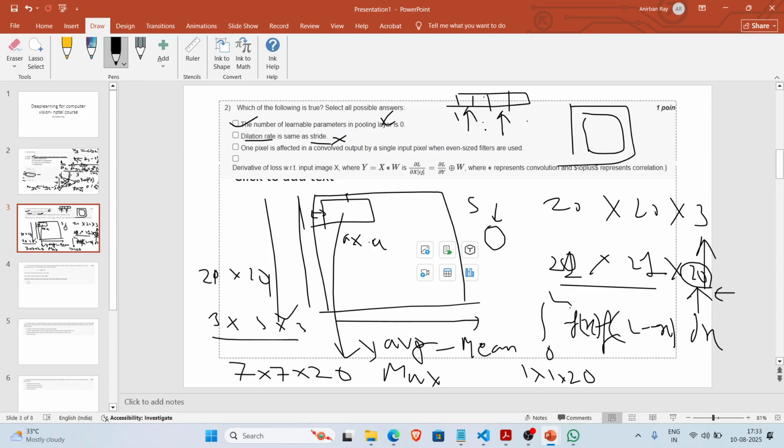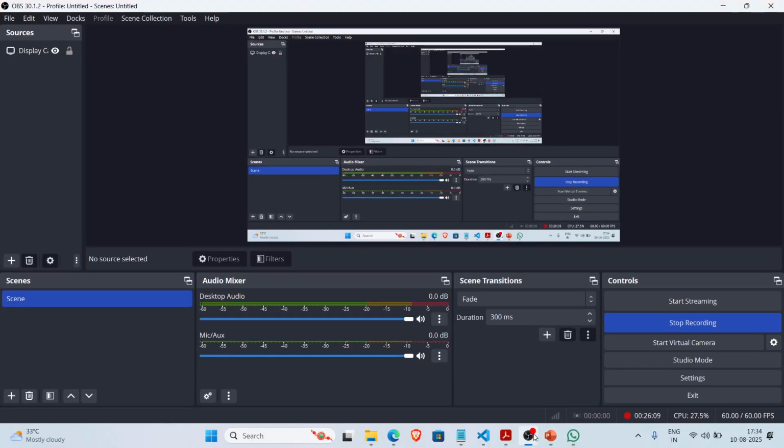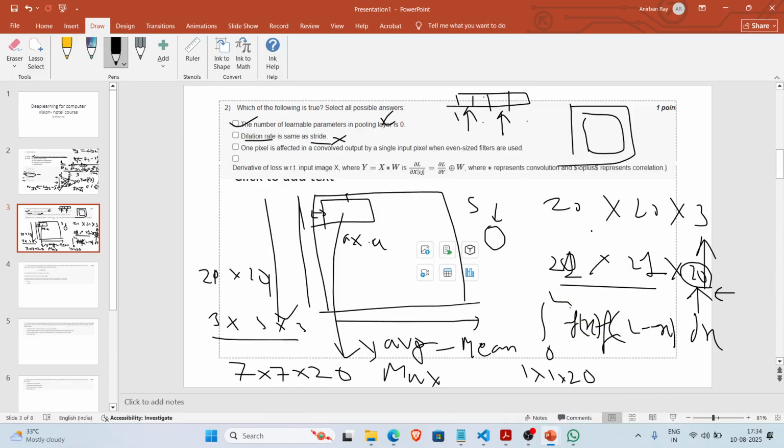Next statement: one pixel is affected in the output by a single input pixel when even sized filters are used.